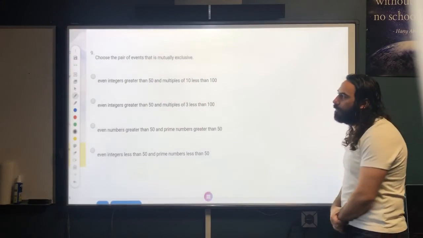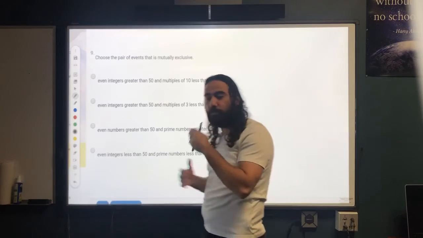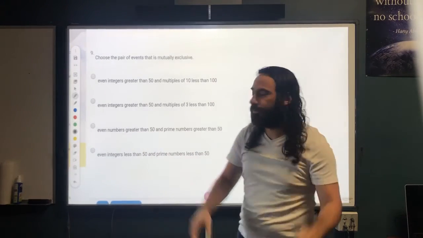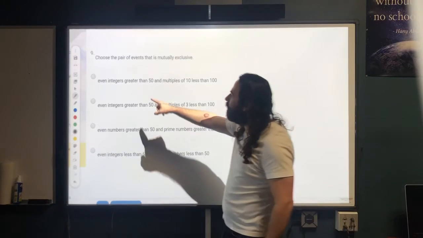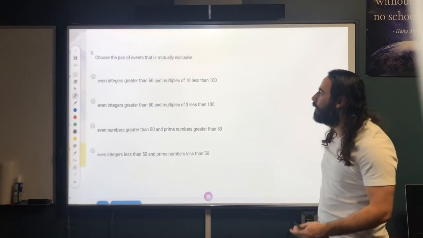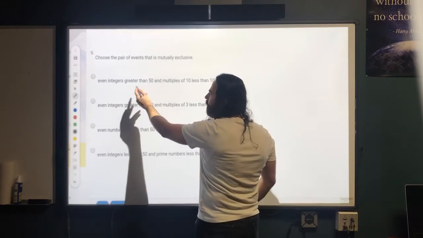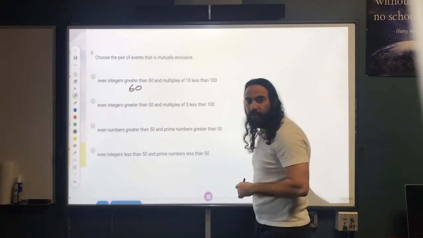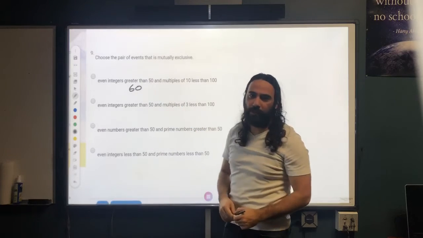Choose the pair of events that is mutually exclusive. Now, I remind you, mutually exclusive means that there is nothing in common between the two events. So let's begin. We have even integers greater than 50 and multiples of 10 less than 100. Let's take, for example, 60. 60 is an even integer that is greater than 50.